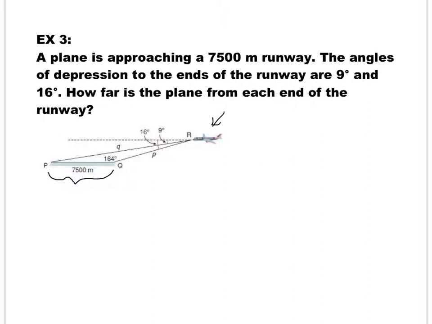Now remember, the angle of depression is always with the horizon, which is this line, when you are looking down. So this angle is going to be 9 and this angle is going to be 16. The question is, how far is the plane from each end of the runway, meaning this side and this side.